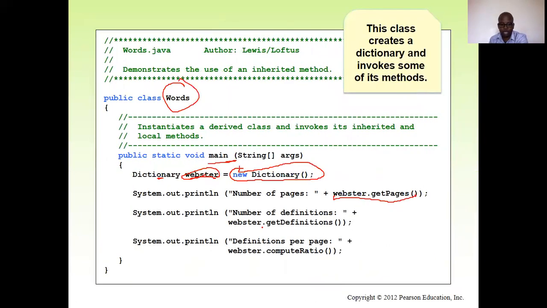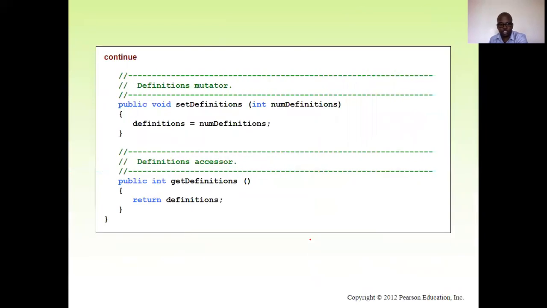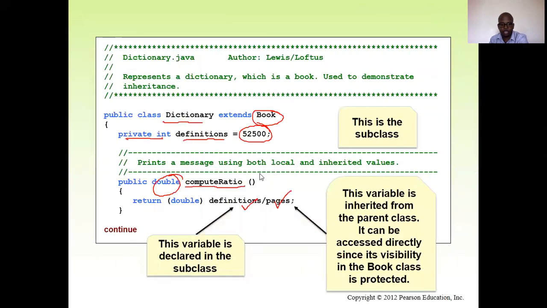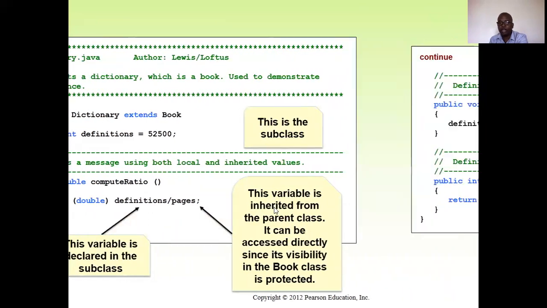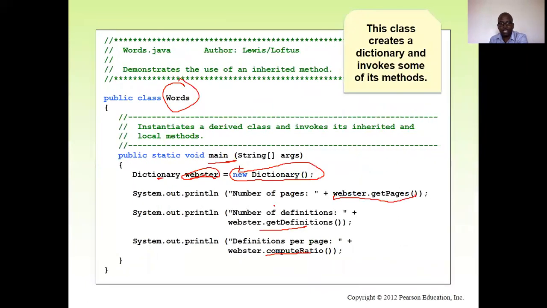Yes. Get definitions though and compute ratio are part of the dictionary class here and here. Okay. So here we are not explicitly calling the parent, right? But it's a parent method that is executed there. Why? Because we didn't override it.